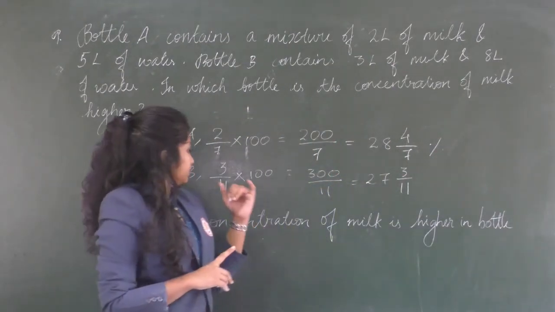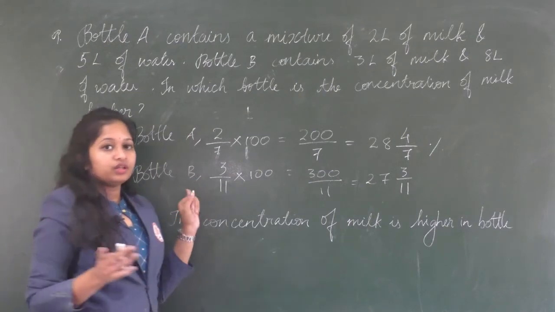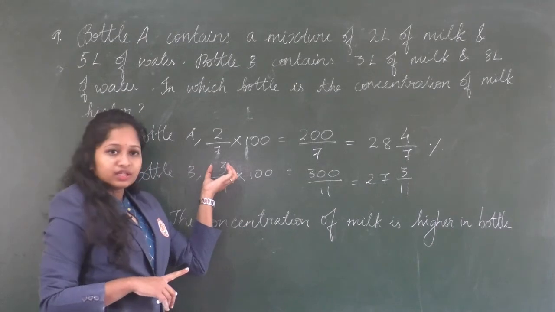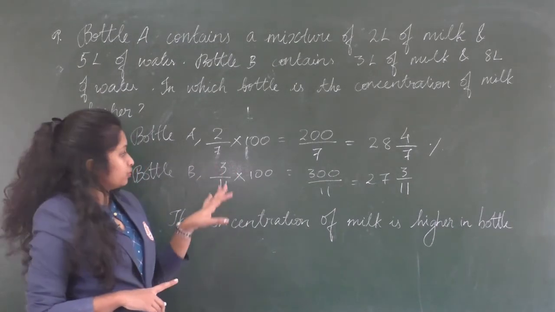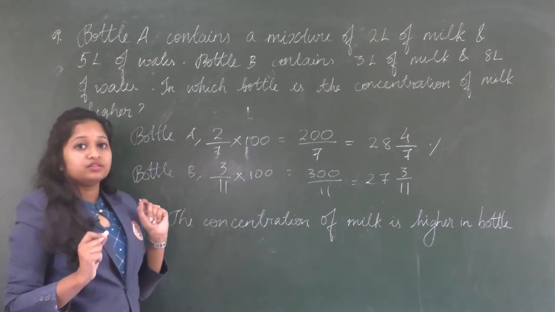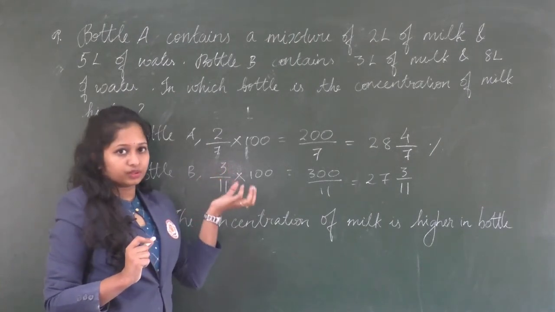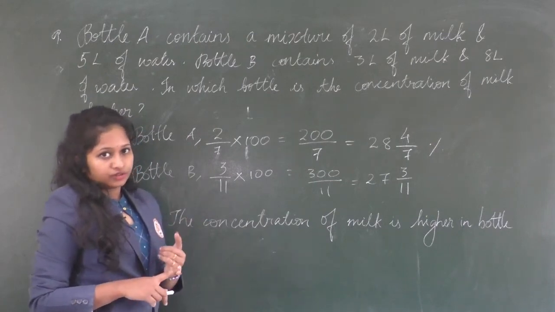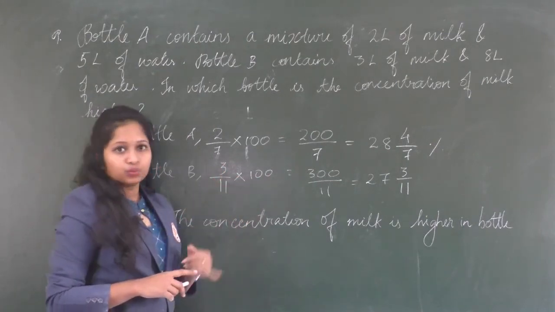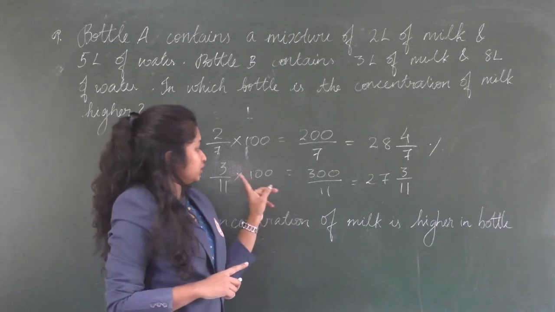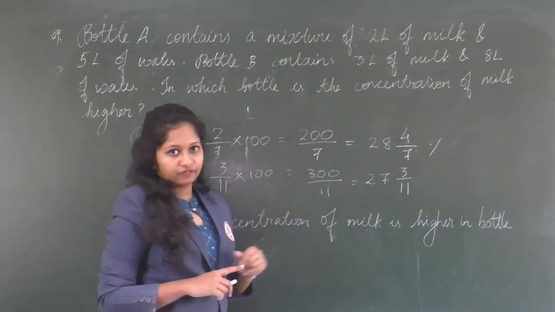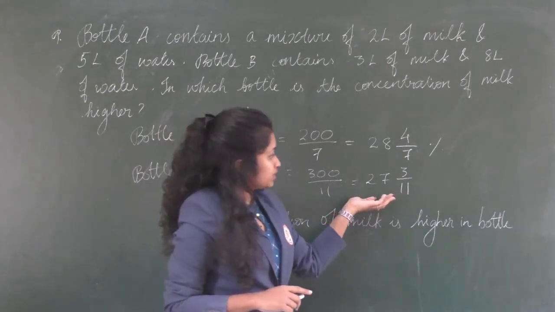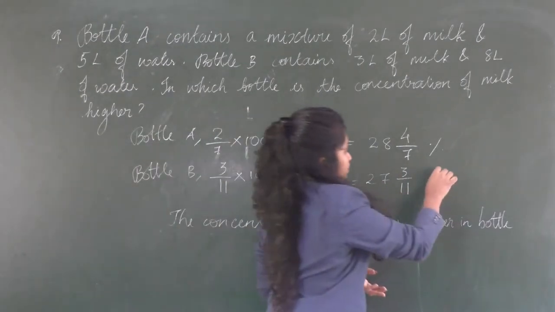Okay, and in case of bottle B, the total mixture is 11 liters and the milk is 3 liters. So we have written the amount of milk as the numerator, and total mixture as the denominator. So 3 by 11 into 100, that is 3 into 100 is 300 by 11. Okay, so after division we get it as 27.3 by 11 percentage.